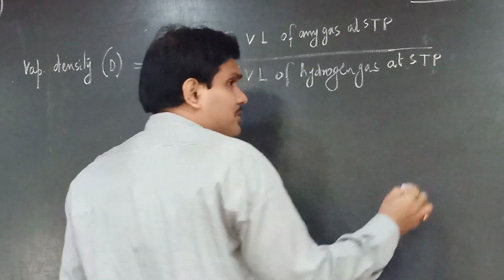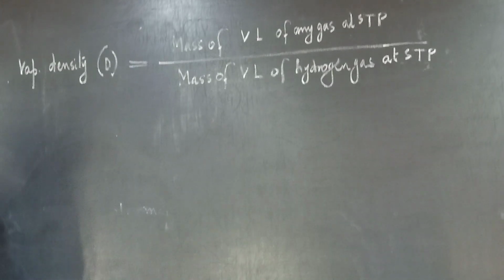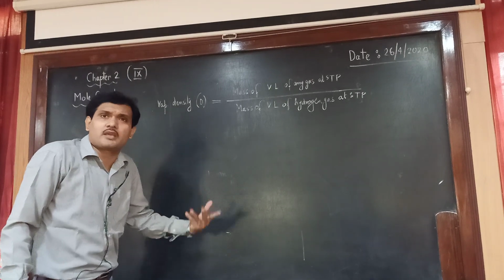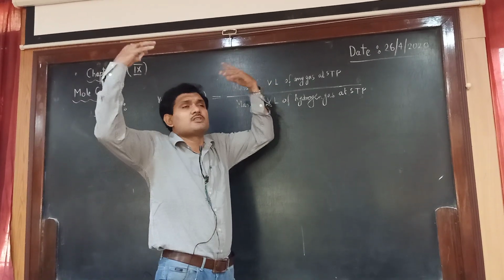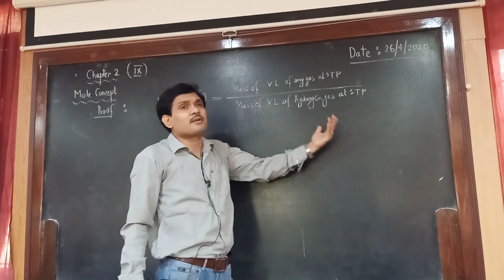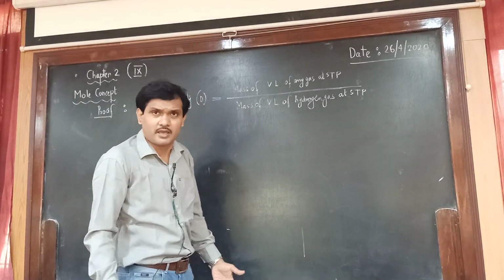I am making a more particular definition for vapor density. V volume means V liter, V cc, anything, so I can choose V liter here, at STP.